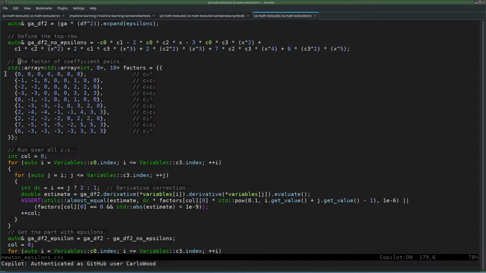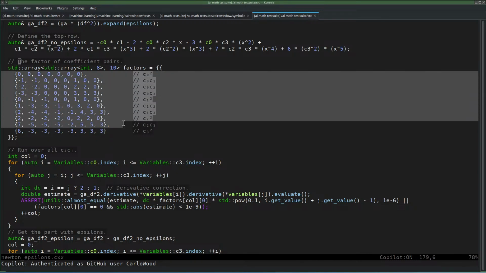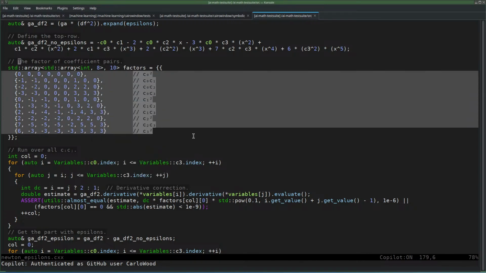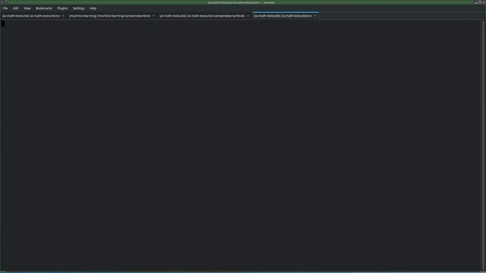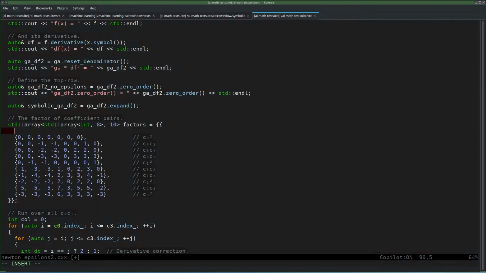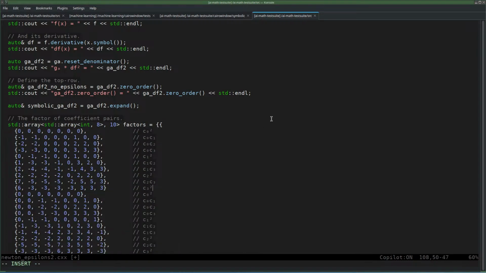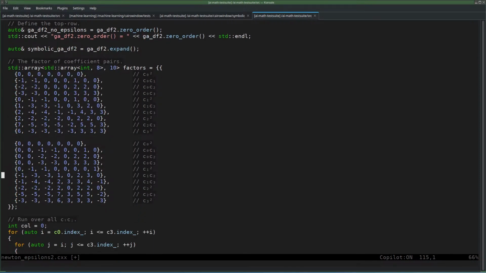Let's redo this, because I think now I know how to do it. I'm just copying it. I should leave the first column alone.